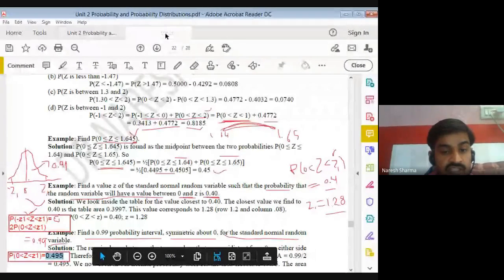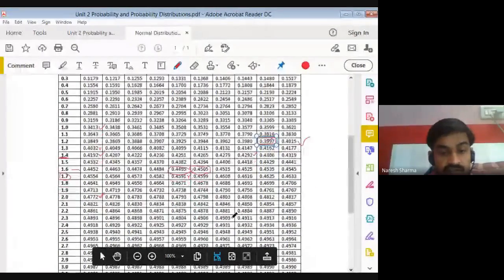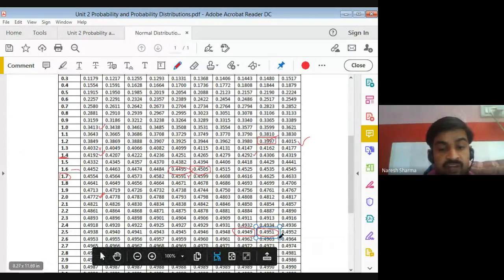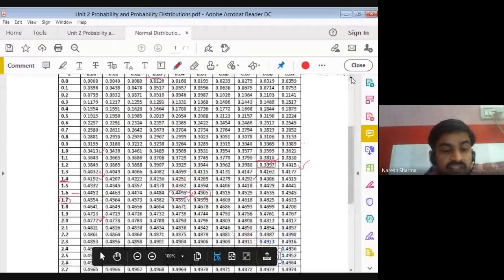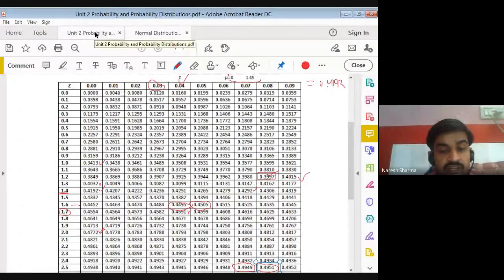If you see the table, 0.495, these two values are very close to 0.495, at a difference of 0.0001, right? So you can choose either of these values or you can take the average of these two, it's your choice. This value is at 2.5 and the corresponding column is 7 and also 8. So we may say 2.57 or 2.58, or you can take the average of these two.